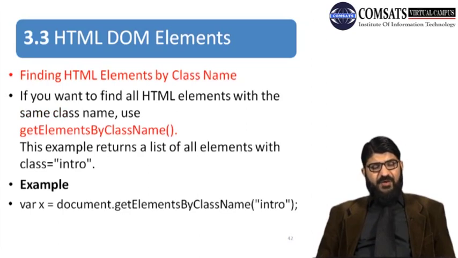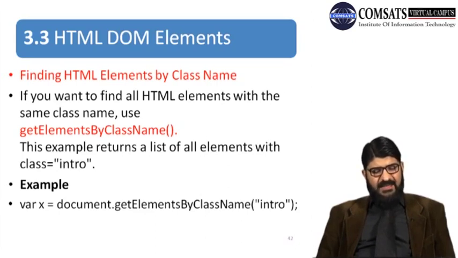The next way of finding the HTML element is by class name. If you want to find all the HTML elements with the same class name, you can do it by using getElementsByClassName. So let's see the example.